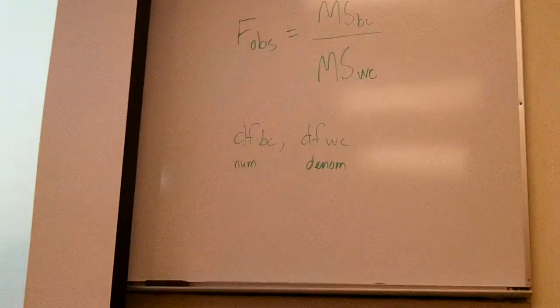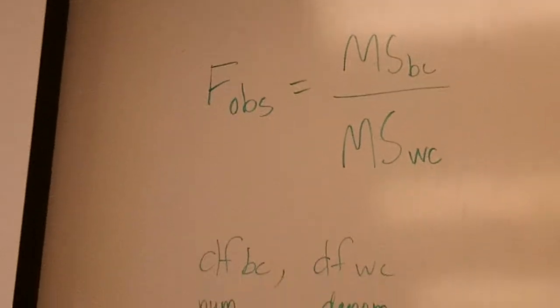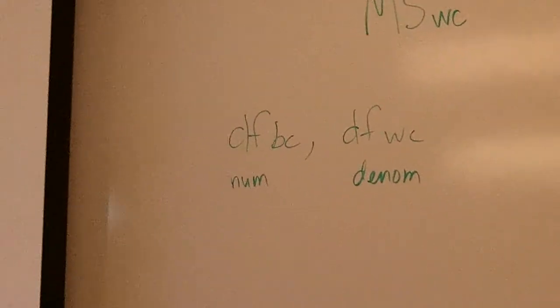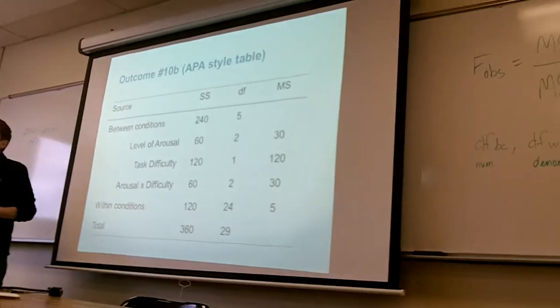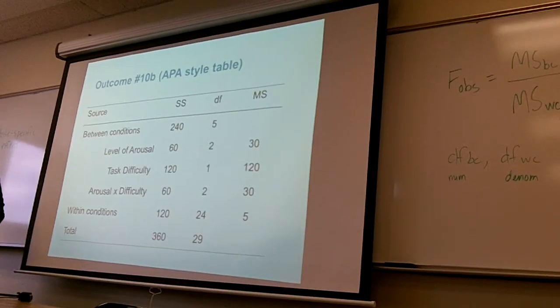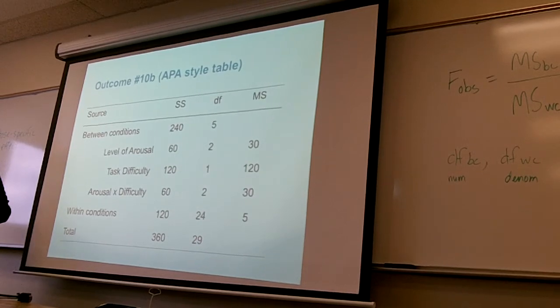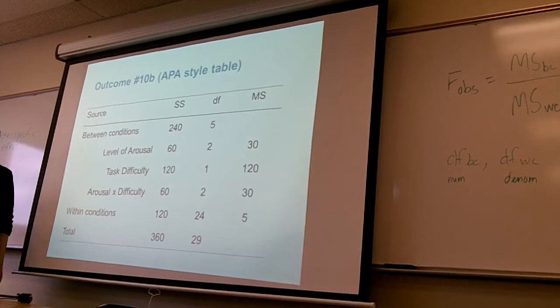So if we want to do the F observed for the main effect of level of arousal, what do you think we're going to use? There's nothing here, so that can't be the answer. What would make sense?